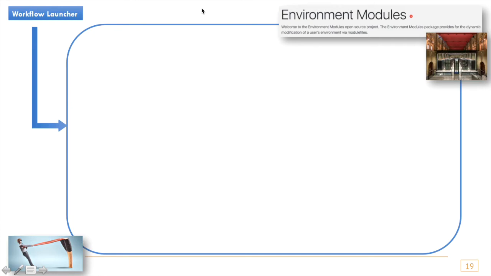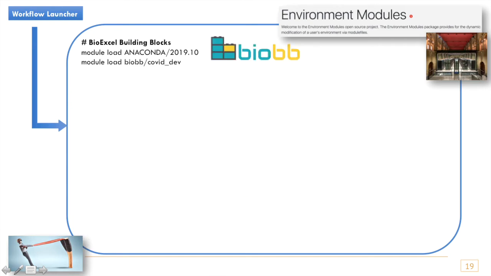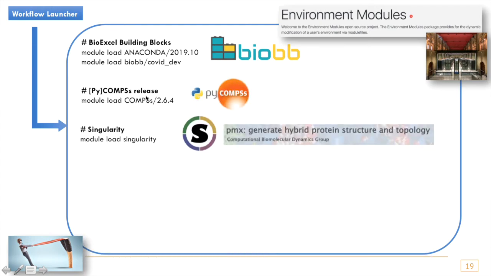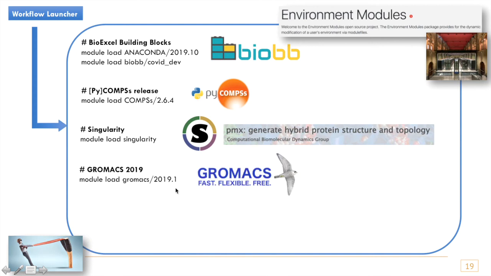Just as an example, for the MareNostrum4 supercomputer, this workflow launcher will generate this file which will load the modules needed to run a particular workflow, for example, Anaconda and BioDB. In this case, to start with, also a PyCOMPSs package, then the Singularity package, because we are using Singularity to run the PMX code, then the GROMACS molecular dynamics package, and finally the specific run parameters.